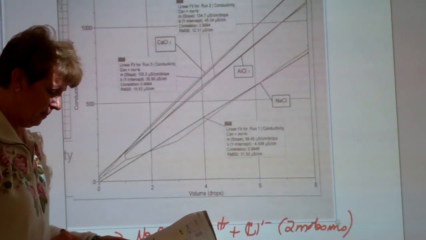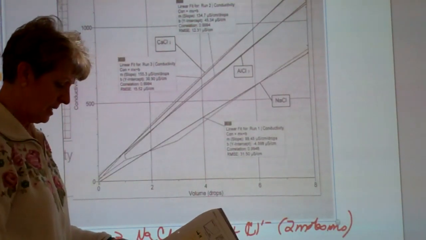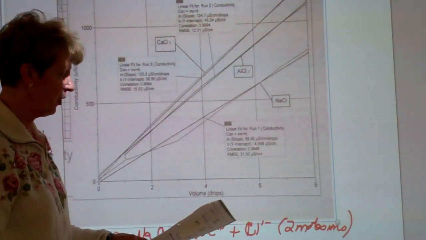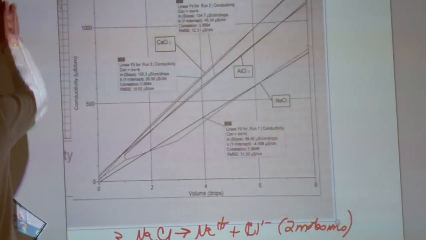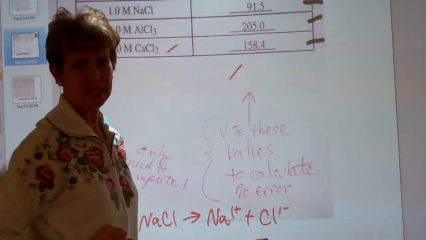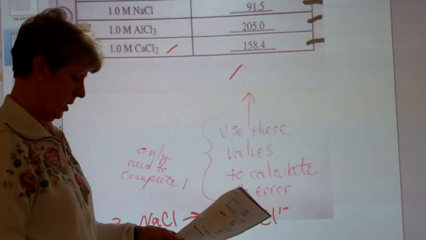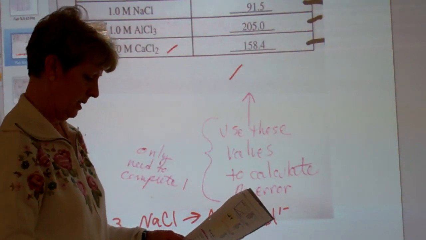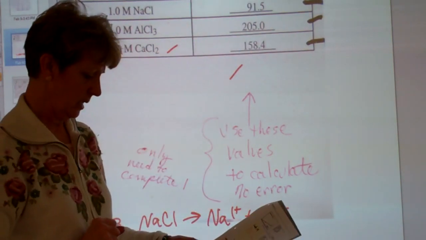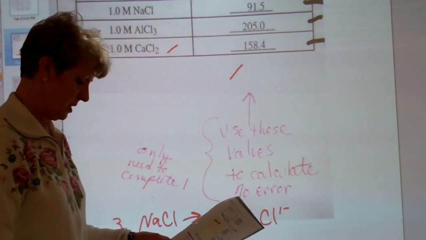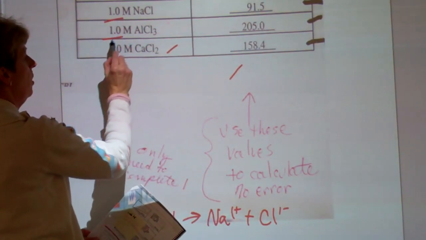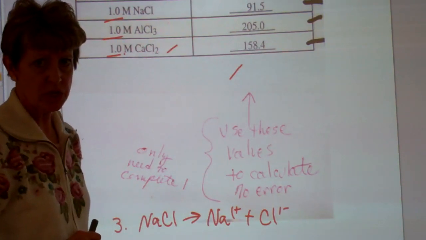Number 5, though, let's answer that. Based on the graph and your recorded slopes, which graph had the largest slope value? So again, we have those values here. And I think it's pretty obvious that you should see a larger slope with the aluminum chloride. Who has the smallest? The sodium chloride. Now, all of these were 1 molar solutions.